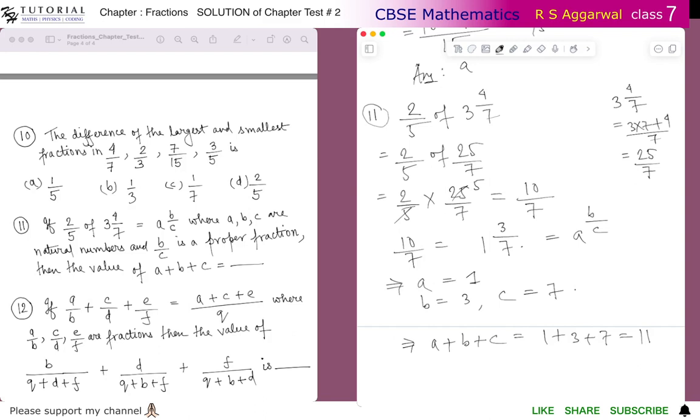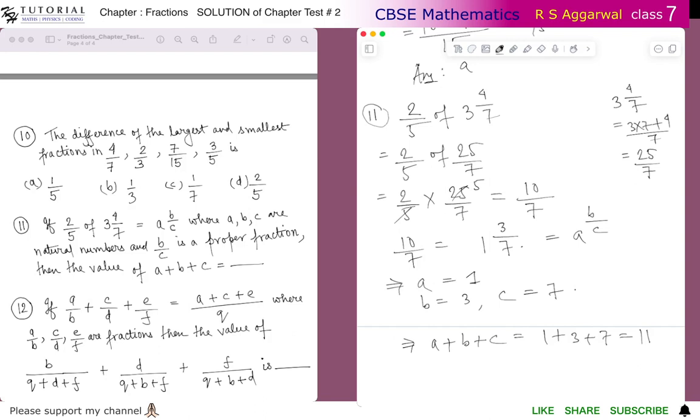Now you may ask me a question: how come I am saying, from the fact that 1 upon 3 by 7 equals a upon b by c, that a equals 1, b equals 3, and c equals 7?